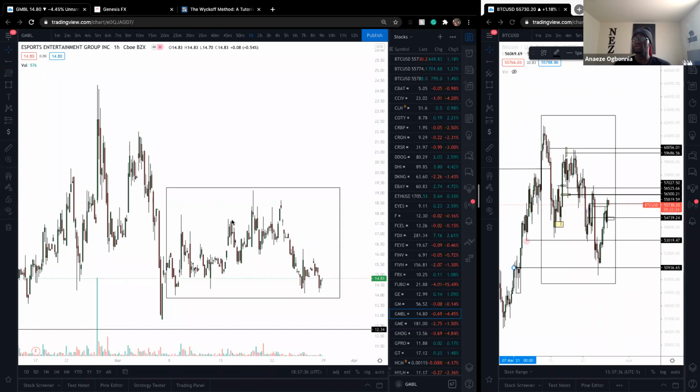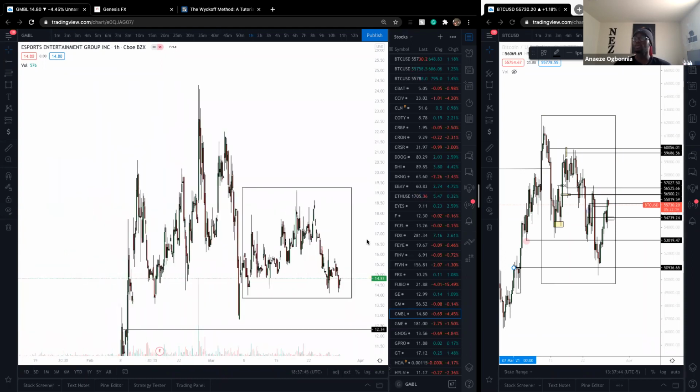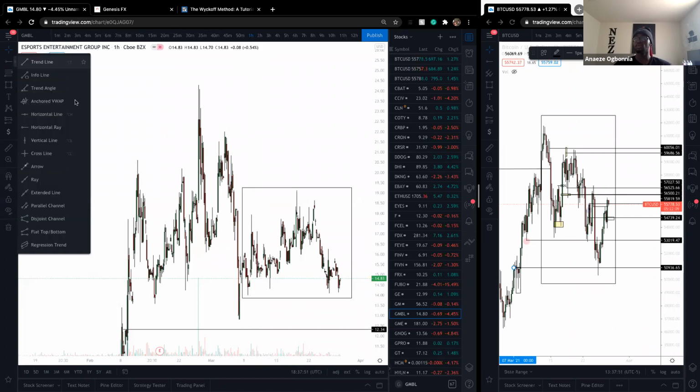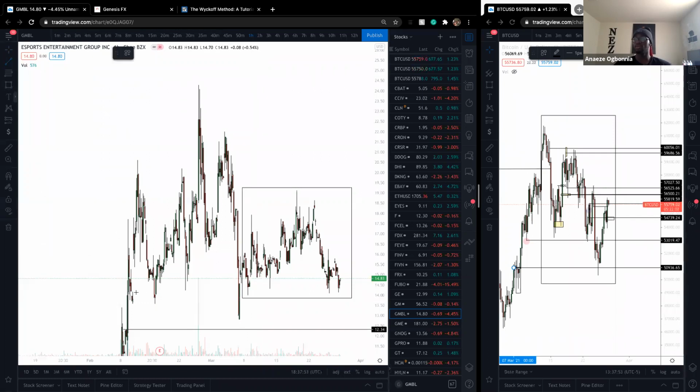Because I see distribution on this smaller current price action, but I could not see why I would. Like I said, if you want to enter, go ahead. It's just a pool of liquidity sitting there, you know.